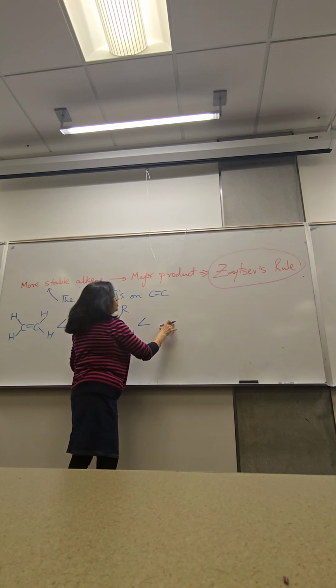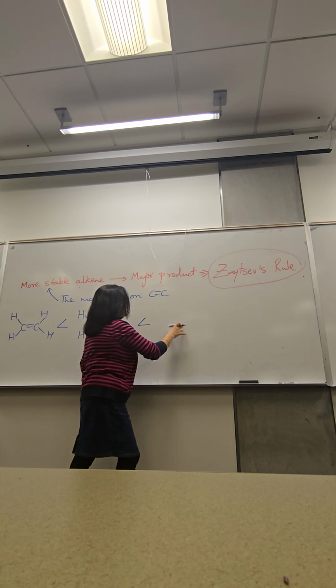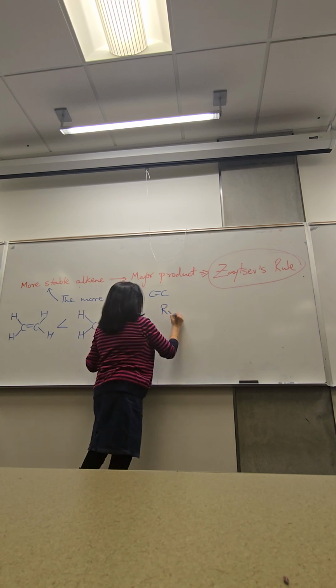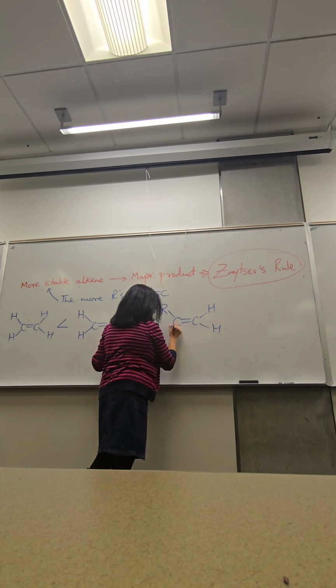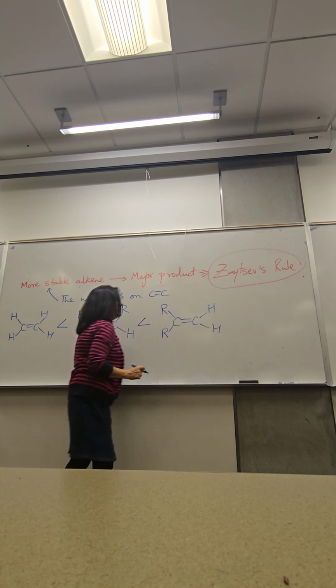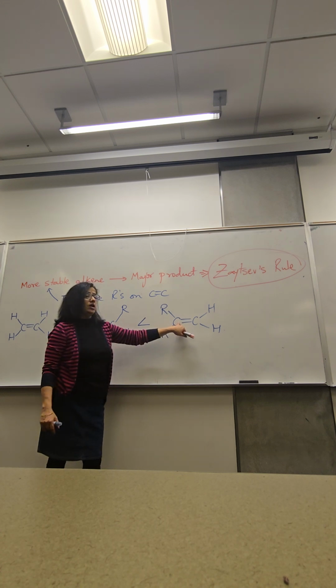Okay, so of the 3 kinds of di-substituted alkenes, this is called geminal di-substituted alkene. I will write these terms in just a minute. Geminal because both R's are on the same carbon.